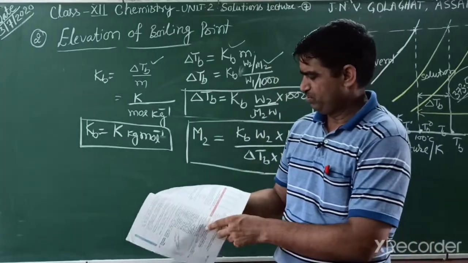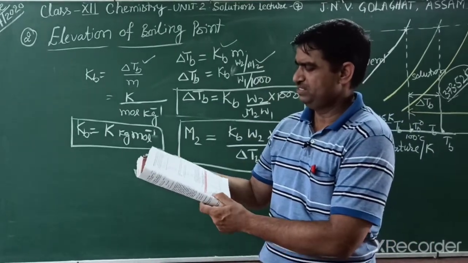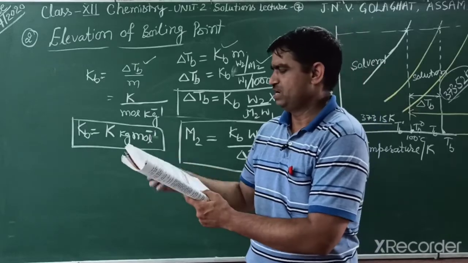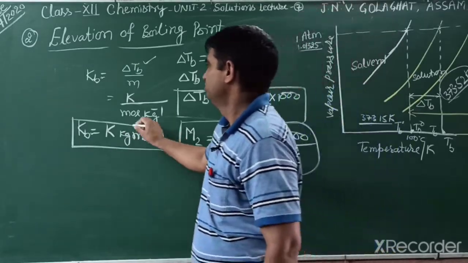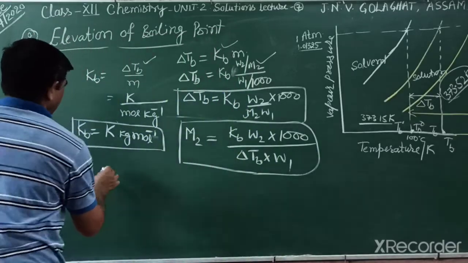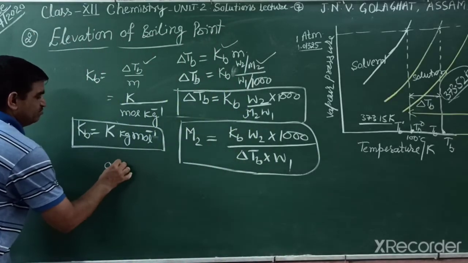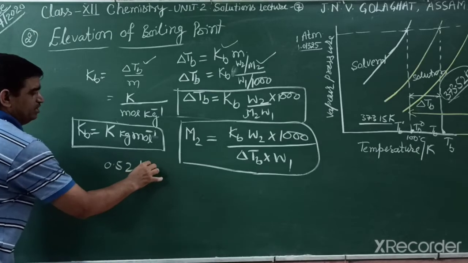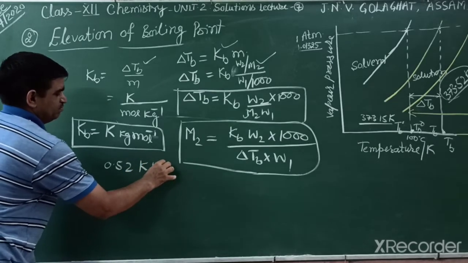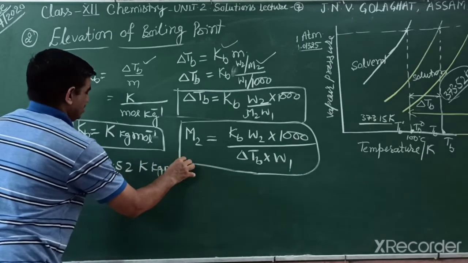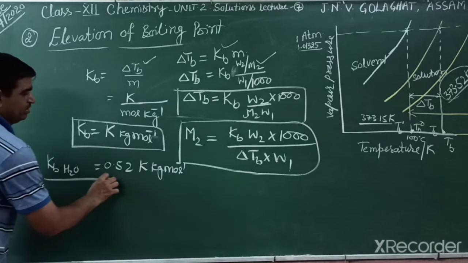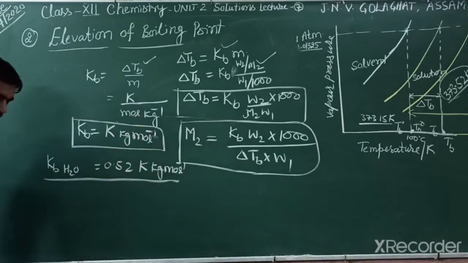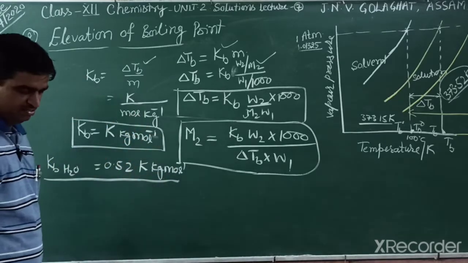The water Kb value is 0.52 Kelvin kilogram mole inverse. Generally the Kb of water is given in numericals, and we have to solve the different numericals.